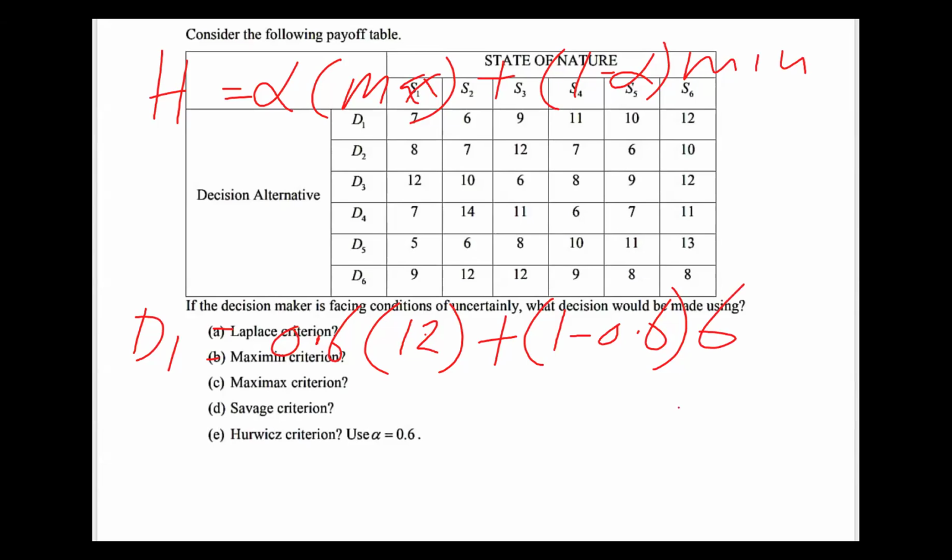Then you do your working out: 0.6 times 12 plus 1 minus 0.6, which is 0.4, yeah? So 0.4 multiplied by 6. You do that calculation. What is the Hurwicz score? 0.6 times 12, plus 0.4 times 6.